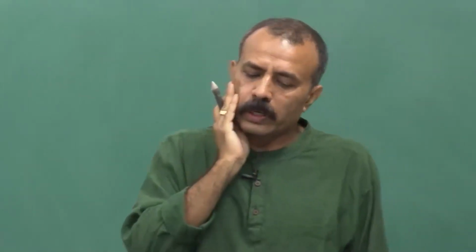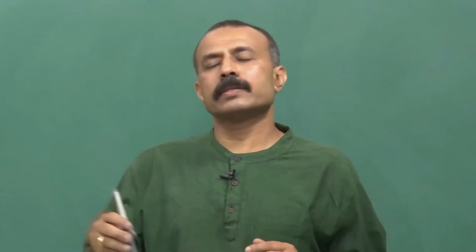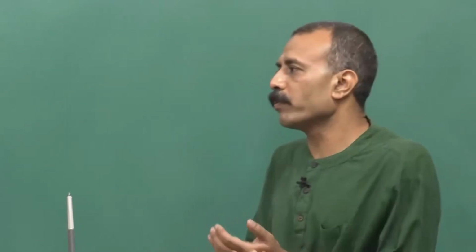Now, coming to the layers of the myocardium. By this time you must have realized that the heart is a structure pumping blood at a tremendous pace, and the amount of blood it is handling, 8,000 liters per day, is just magical.